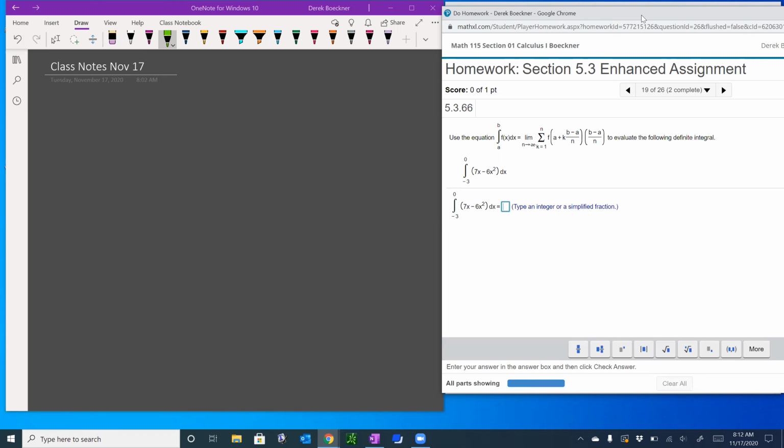So what it wants you to do is use the right hand rule.